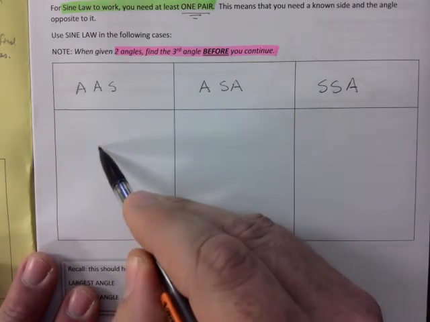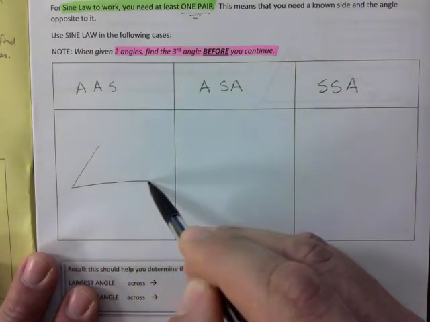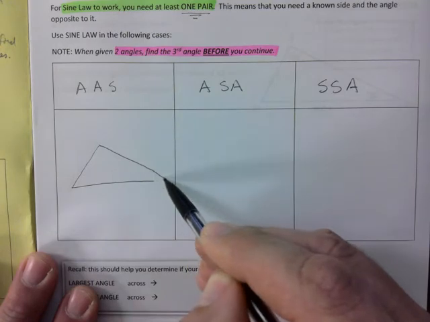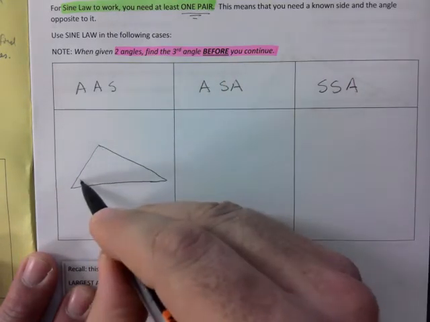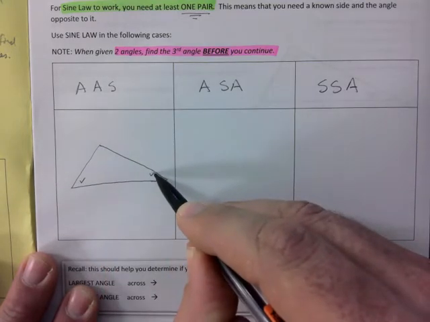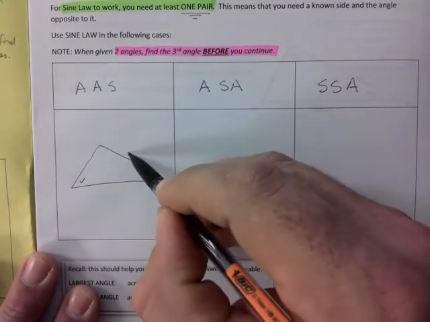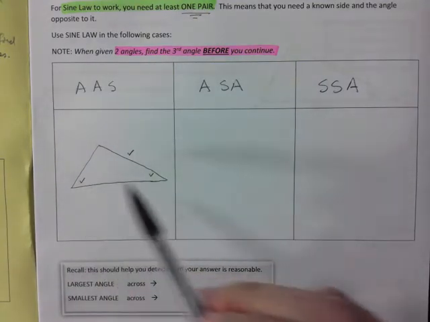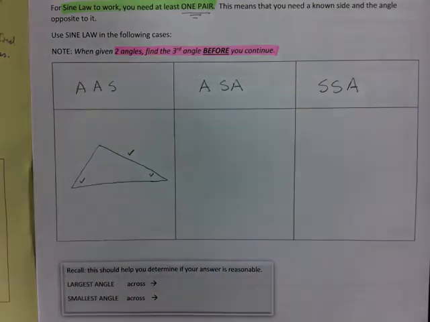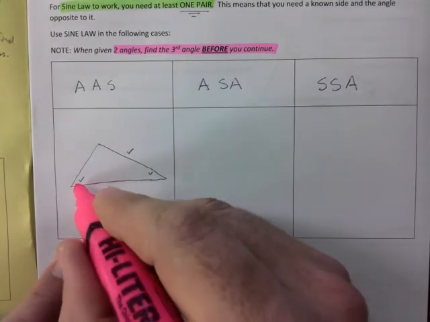So if you have angle, angle, side, just draw one like this, okay? If you have angle, angle, side, pick any two angles. So let's say we know this angle and that angle, and we know a side yet. It wouldn't matter which side, but if you have angle, angle, and a side, you should see your pair appear.